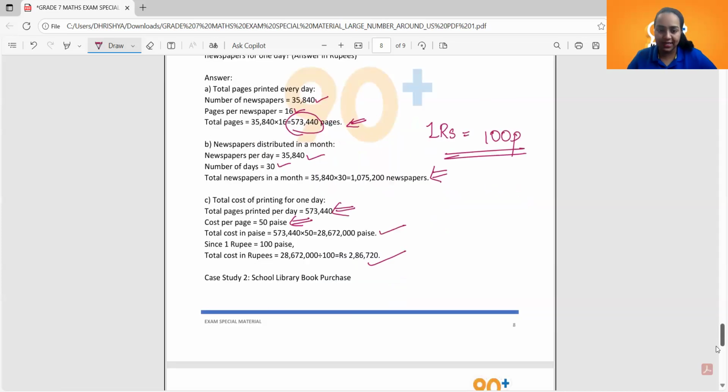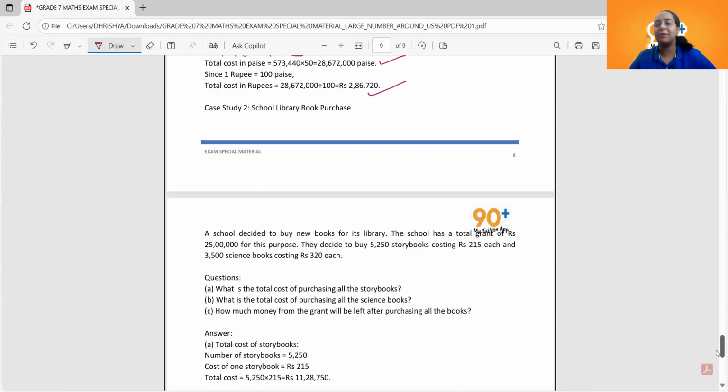Now the last question, case study 2, that is the school library book purchase. So the school decides to buy new books for its library. The school has a total grant, that is the total amount allotted for the school, of 25 lakh. They decided to buy 5,250 storybooks costing rupees 215 each and 3,500 science books costing rupees 320 each.